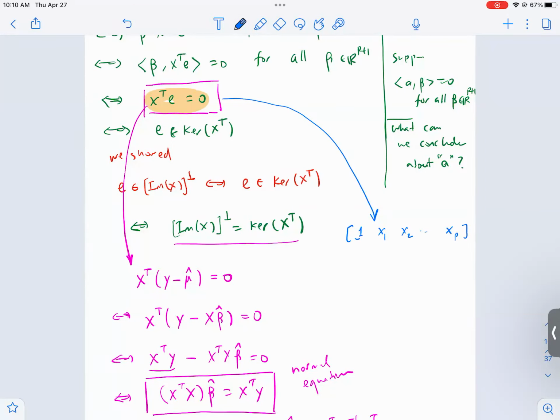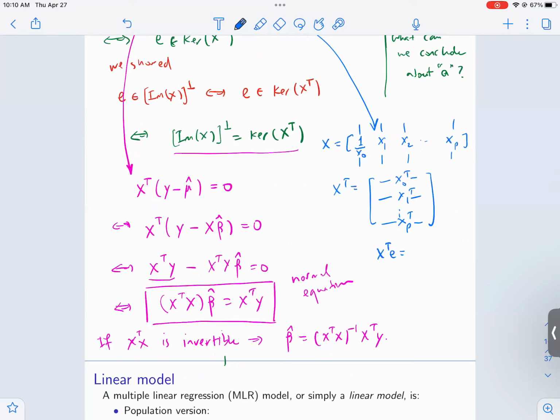I'm going to write this as X0. So these are the columns. X transpose would be X0 transpose, X1 transpose, up to XP transpose. And so X transpose E is really X0 transpose E, X1 transpose E, up to XP transpose E.